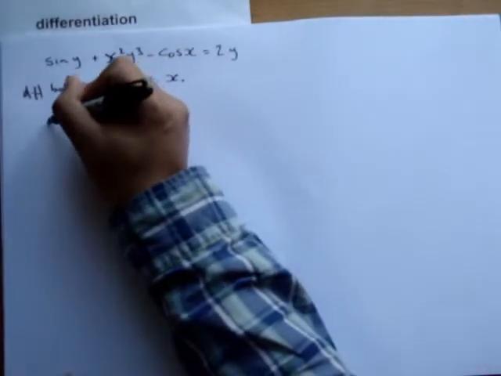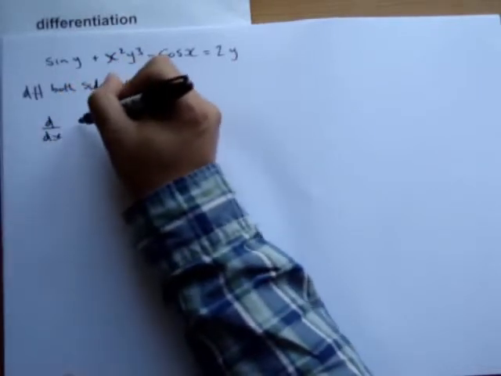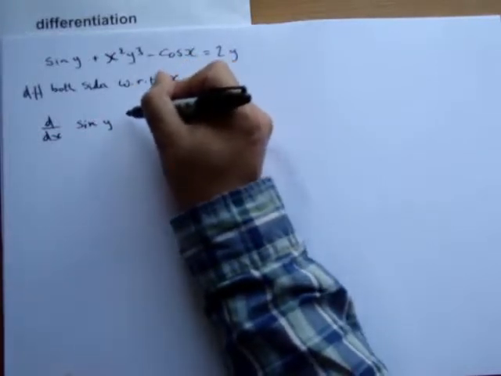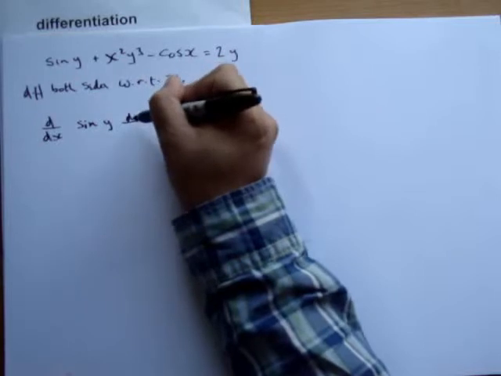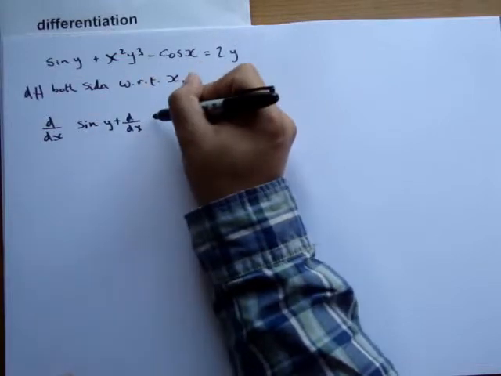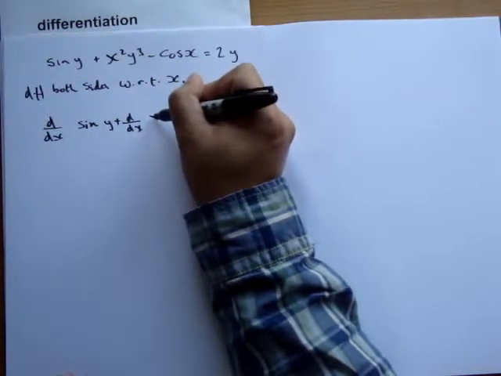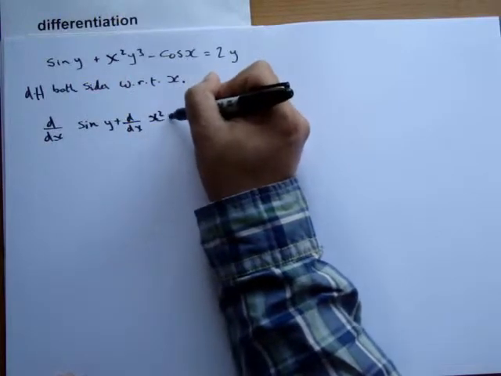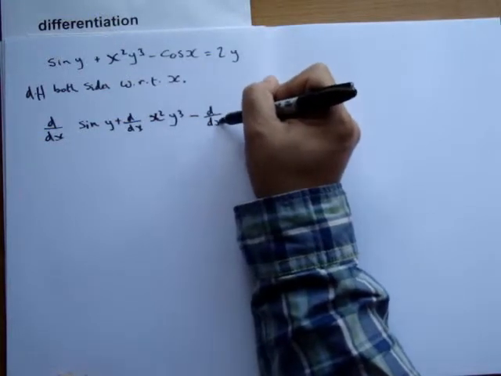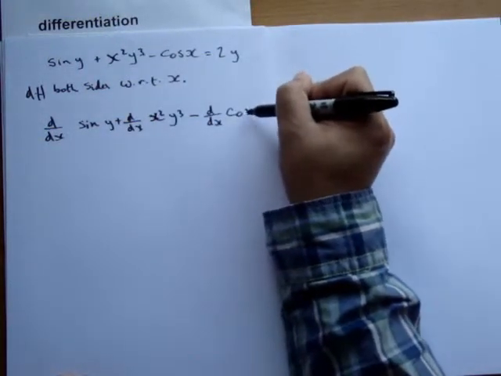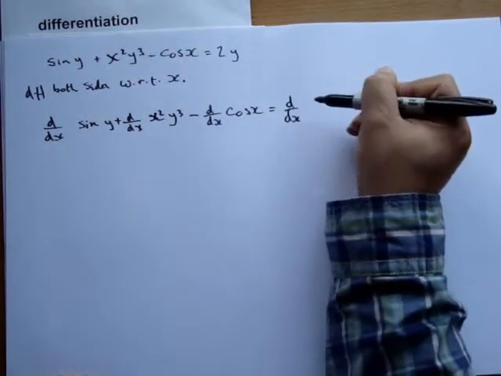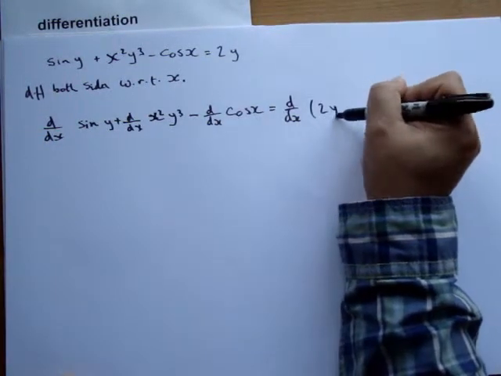We have d by dx sine y plus d by dx x squared y cubed minus d by dx cos x equals d by dx 2y.